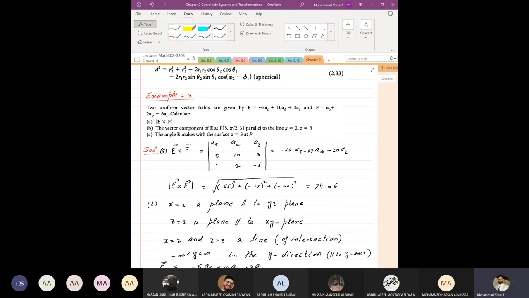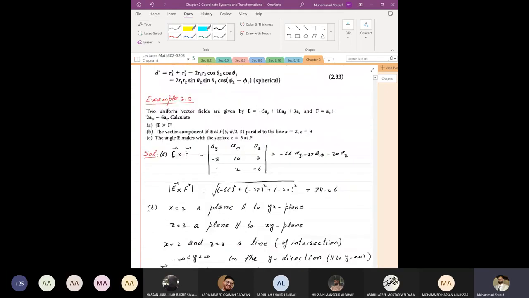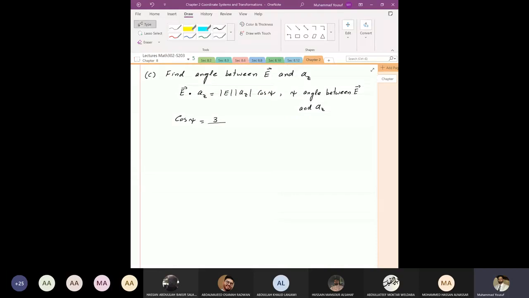The dot product of AZ with a phi is 0. The dot product of AZ with AZ is 1. So what's left is just 3, divided by the magnitude of E, and the magnitude of AZ is 1.